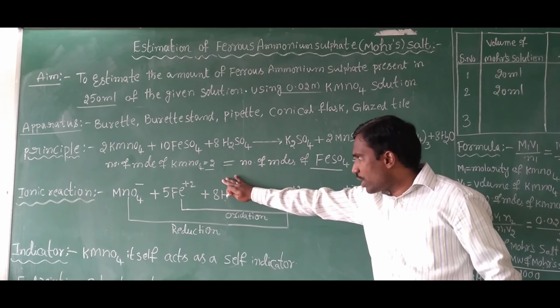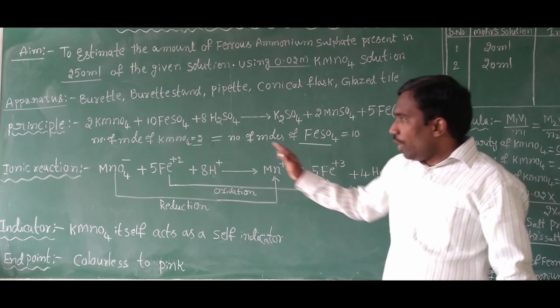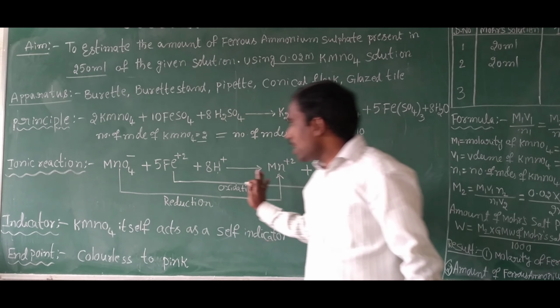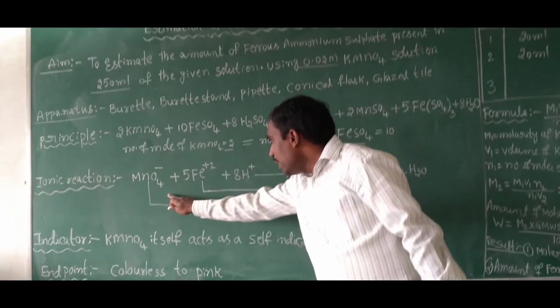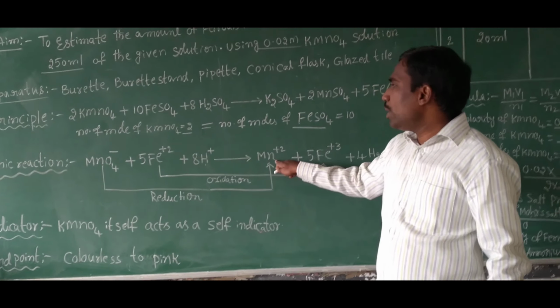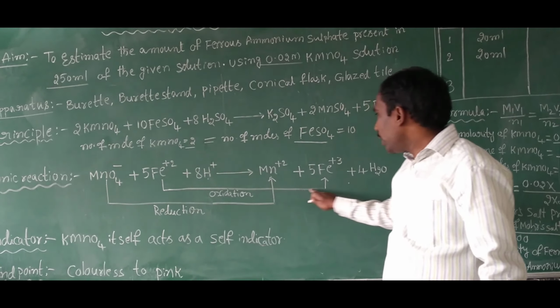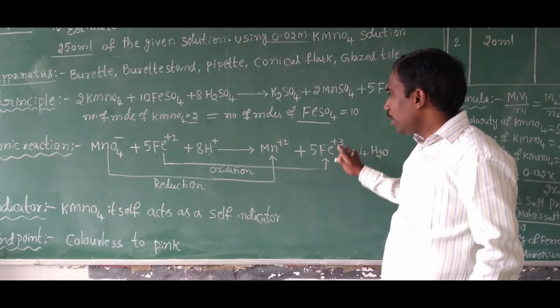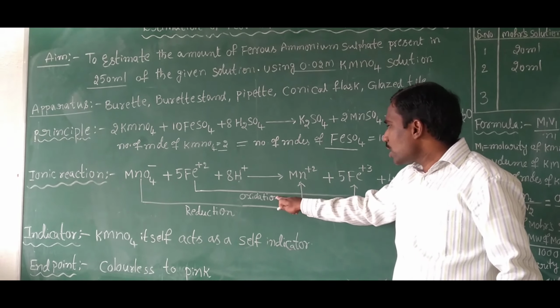When we observe here, this is an example of a redox reaction. When we observe this ionic reaction, the MnO4 minus ion is converted to Mn plus 2 and the Fe plus 2 ion is converted to Fe plus 3. That means Fe plus 2 to Fe plus 3 is the oxidation reaction.